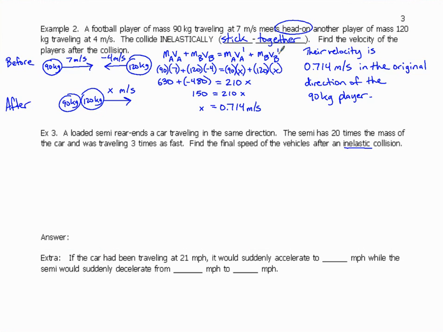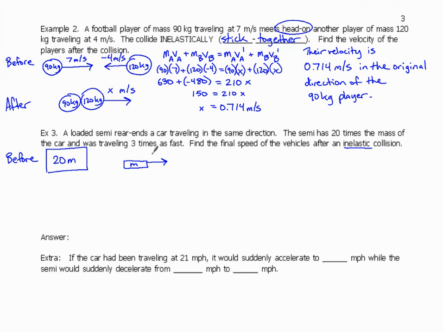So let's draw a simple picture here. Before: my semi of mass 20 times the mass of the car. Here's the car with mass m. The semi is moving 3 times as fast as the car.